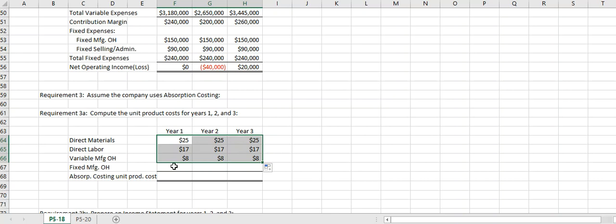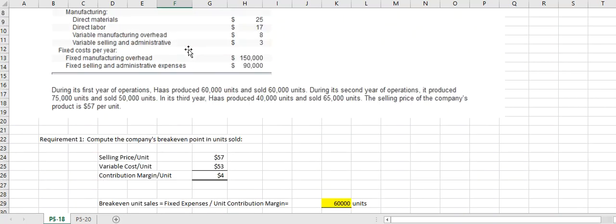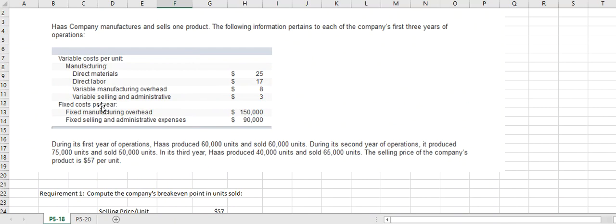Now we have our fixed manufacturing overhead, and we actually have to calculate that. So let's see, we had fixed manufacturing overhead, looks like, of $150,000 every year, and you can get that from the chart above, but actually it comes from over here. Fixed manufacturing overhead.